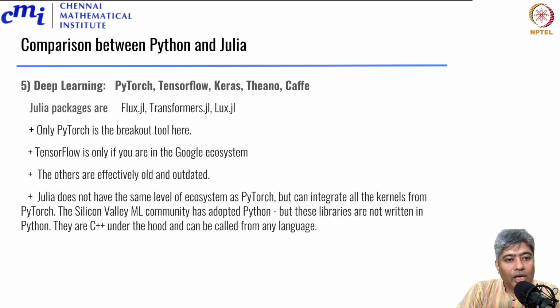And Julia has Flux, Transformers, and Lux, and they're trying to catch up. I would say if you currently have a deep learning project, I still recommend you stick with Python, because Julia is trying to catch up, but I am pretty confident that in the next 3 to 5 years, Julia packages will be, if not better, then at least at par with Python.